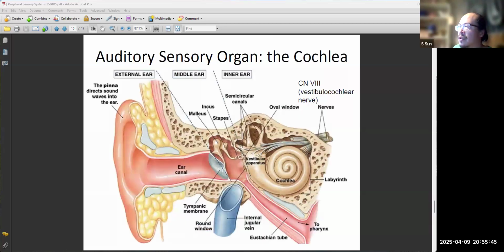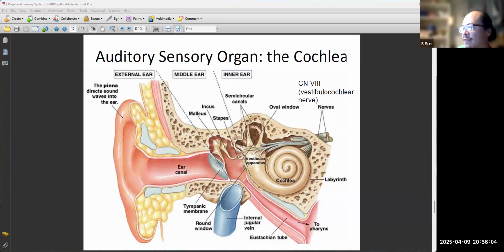In here, we also have another group of organs or structures. Their function is not to provide the hearing, but their function is to provide a detection of gravity and body balance.